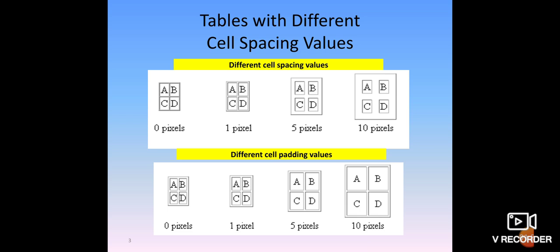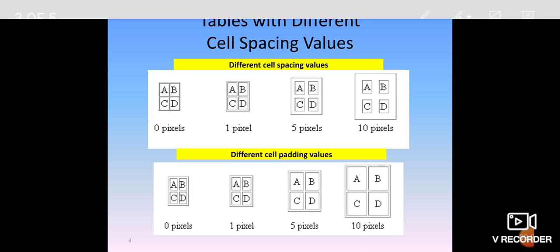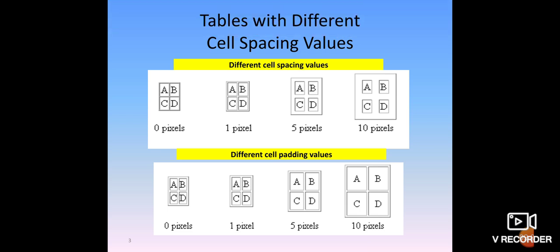The second one, 1 pixel, has a little bit of space. The third one, 5 pixels, has a lot of space between A, B, C, D. And with 10 pixels, we have even more, and it looks good.